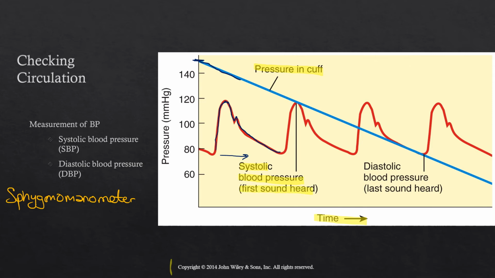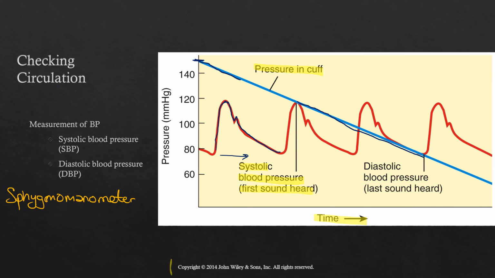And remember, the systolic blood pressure is the force of blood pressure on the arterial walls just after ventricular contraction. Now as we continue to deflate the cuff, suddenly these sounds become too faint to be heard through the stethoscope.